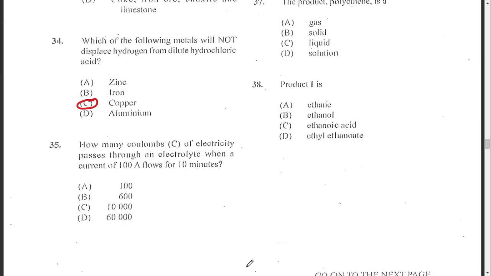How many coulombs of electricity passes through an electrolyte when a current of 100 amperes flow for 10 minutes? And that's question 35. The quantity of electricity Q is equal to I times T. I is measured in amperes, so that's 100 amperes multiplied by time, which is 10 minutes, should be converted to seconds, so it's 60 times 10, which gives us 600 seconds.